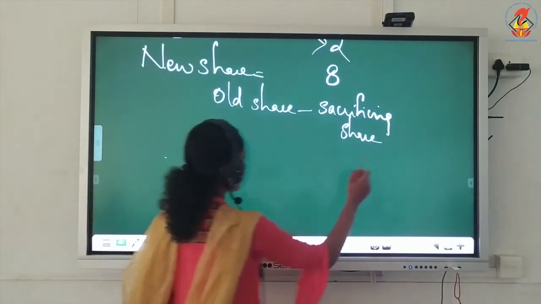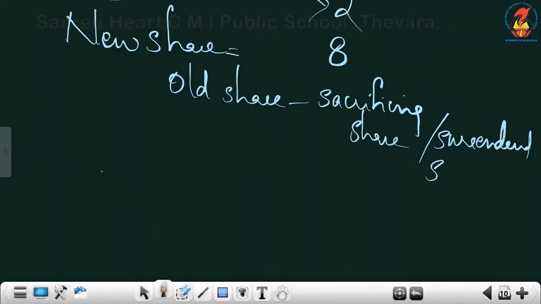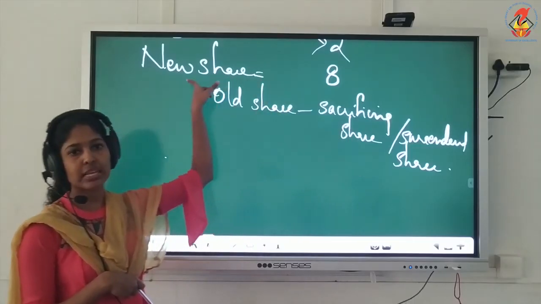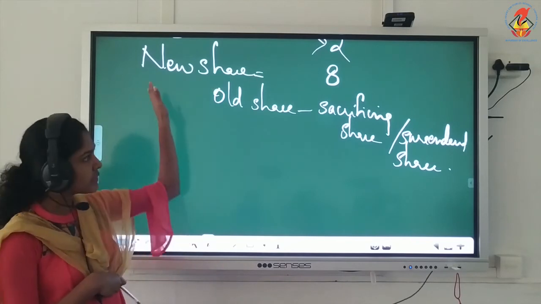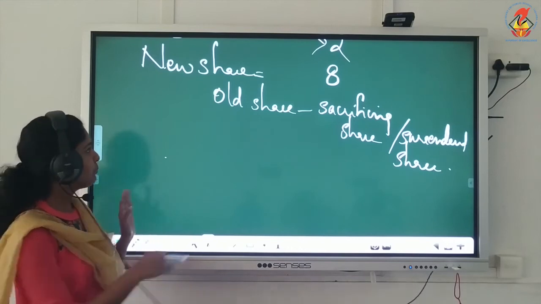In your textbook you can see this term also, like surrendered share. So old share 10 chocolates minus what you sacrifice, 2 chocolates, then you will get the remaining 8 chocolates. That's the formula. Old share minus sacrificing share, we will be getting the new share. So with this particular formula we will be doing this problem.